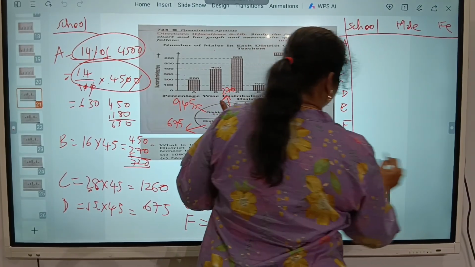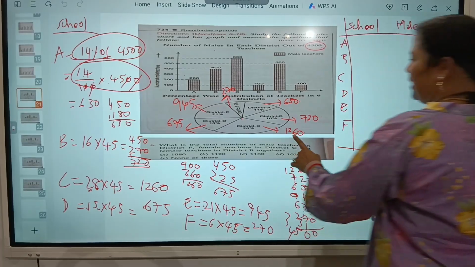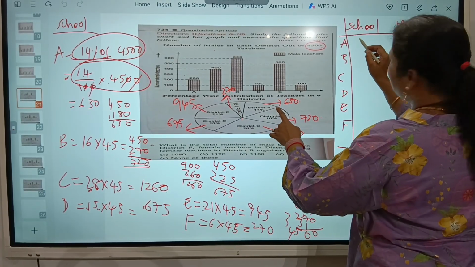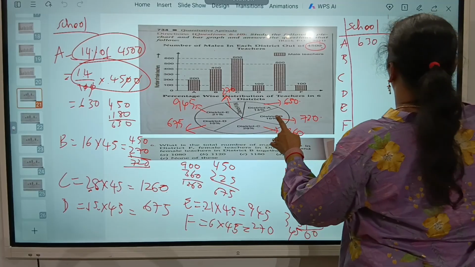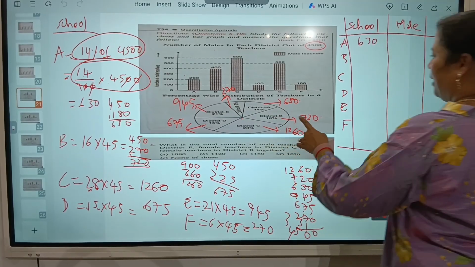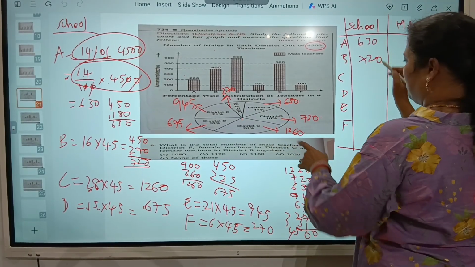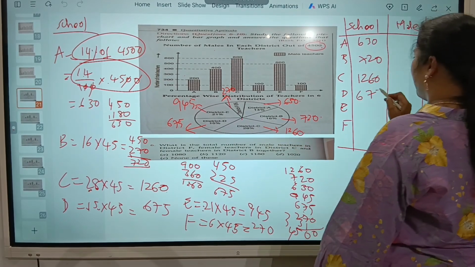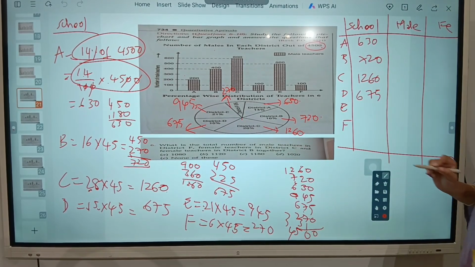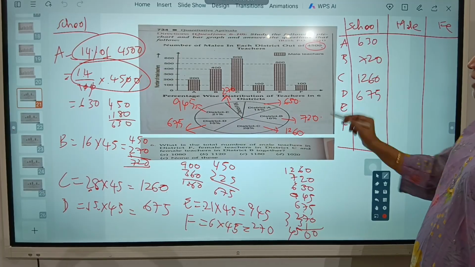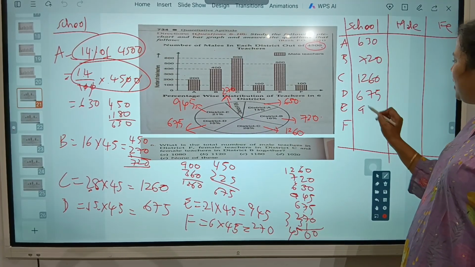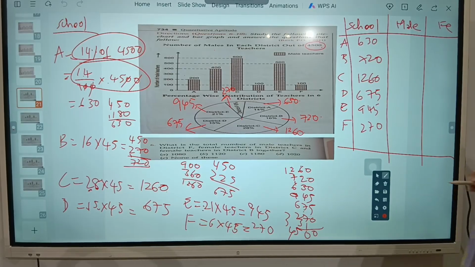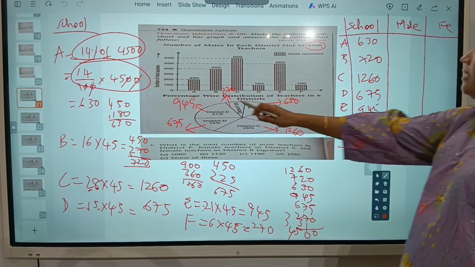In A, the total number of people is 630, B it is 720, C it is 1260, D it is 675. Hope you are able to see what I am writing on the board. Okay, E it is 945, F it is 270.